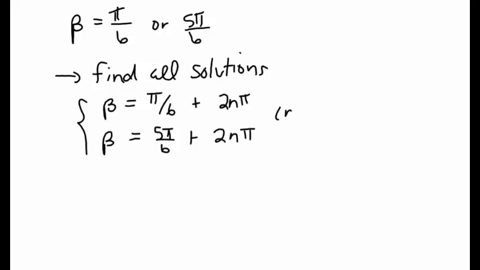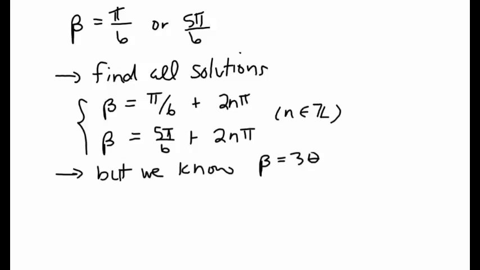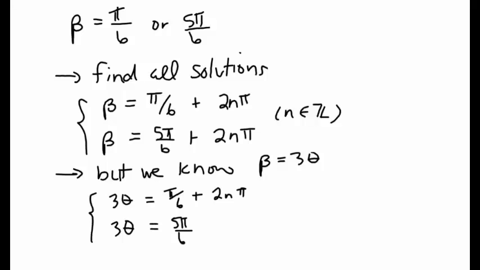And again here, n is any integer value. But we know that beta is equal to 3 theta, so our full solution must be that 3 theta is allowed to be pi over 6 plus 2n pi, or 3 theta is allowed to be 5 pi over 6 plus 2n pi.